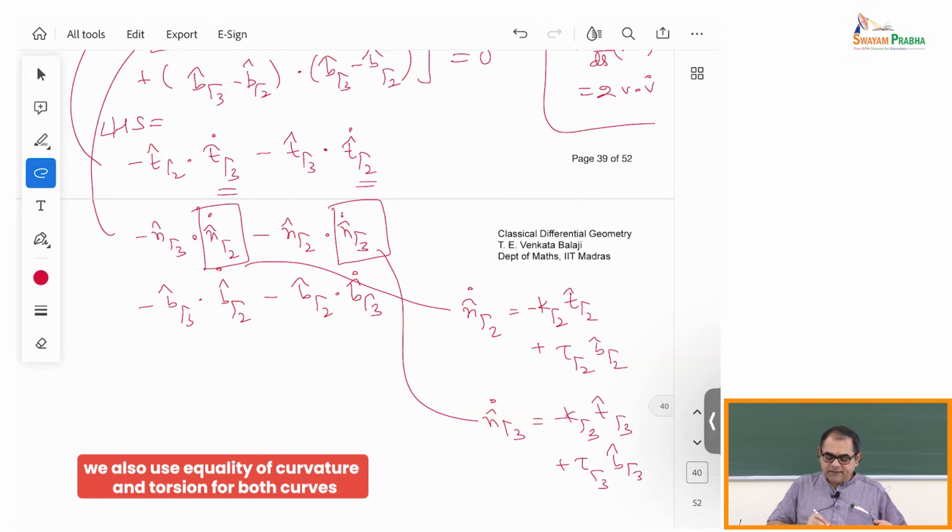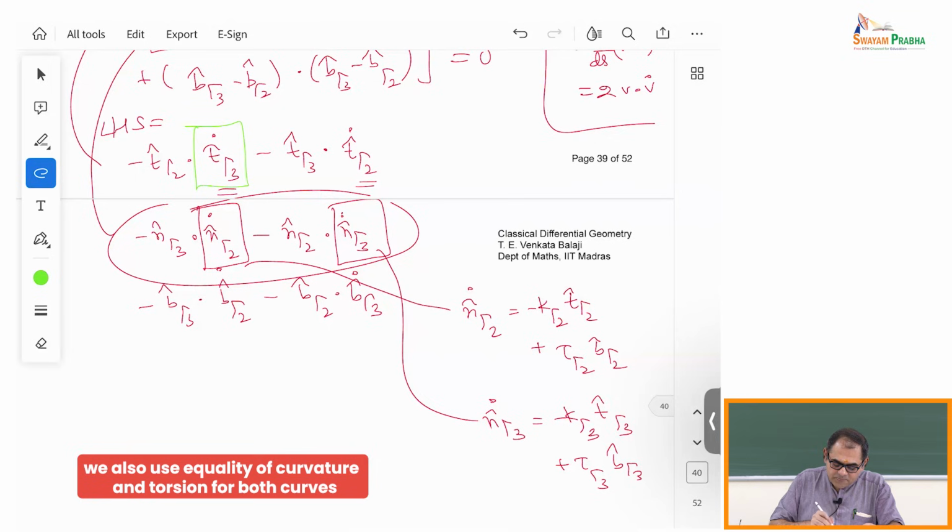If you substitute it, the second term will become 4 terms, and it will cancel with the other 2. You can see that immediately. This t cap dot is by definition k gamma 3 times n cap gamma 3. This is the first Frenet-Serret equation, and this one here is going to be k gamma 2 n cap gamma 2.